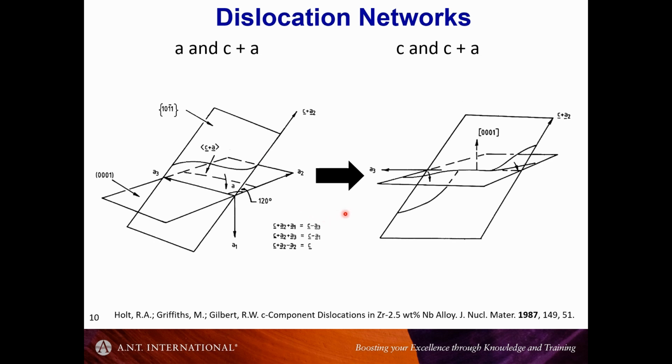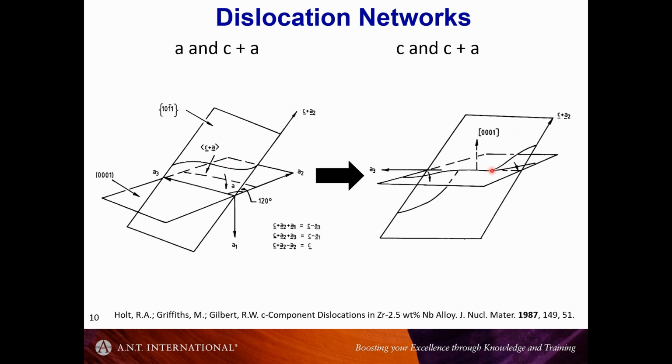There's just one slide to illustrate an example of two dislocations gliding on two different planes with two different Burgers vectors, in this case a C plus A2 and an A2 Burgers vector. If they cross one another, they can form an attractive junction.